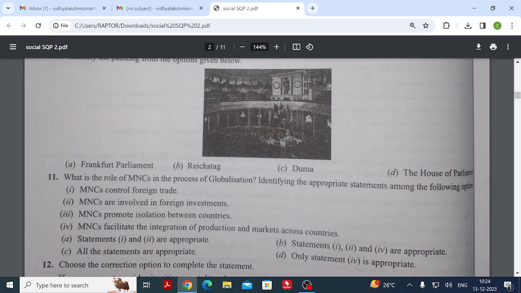What is 11? They have told it is B. There is no doubt 4 is correct. Also we doubted whether MNCs are involved in foreign investment. According to them, 1 is also correct: MNCs control foreign trade. Then no doubt about it. You go with B.